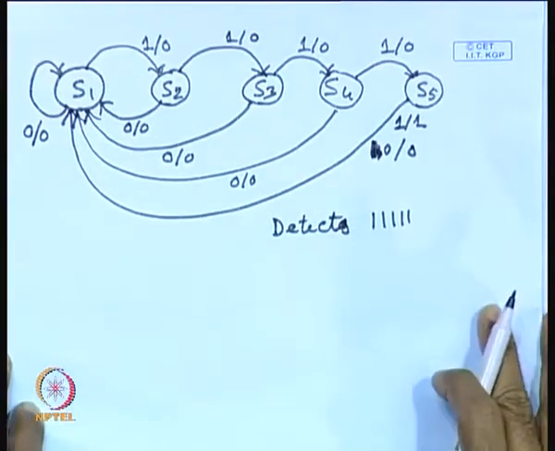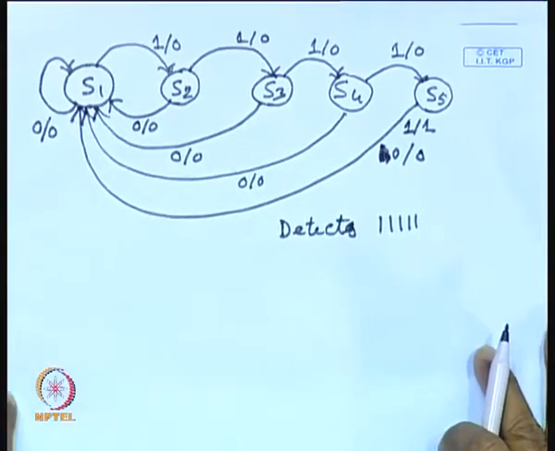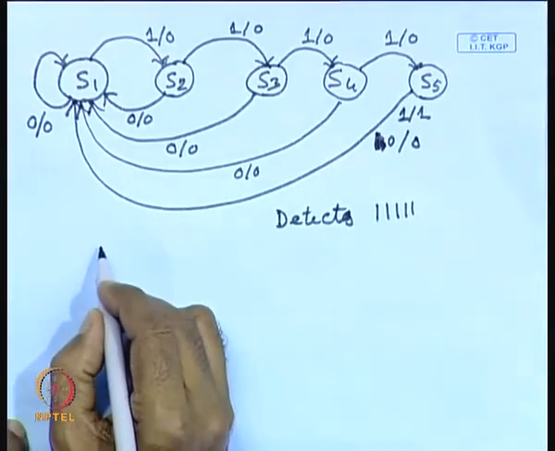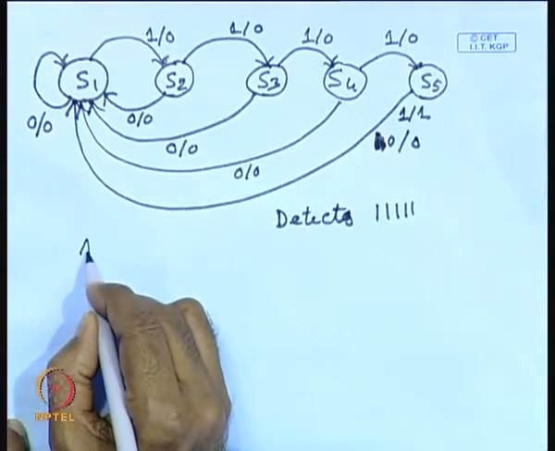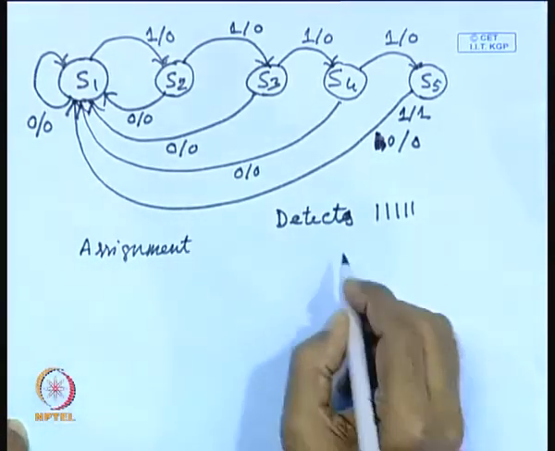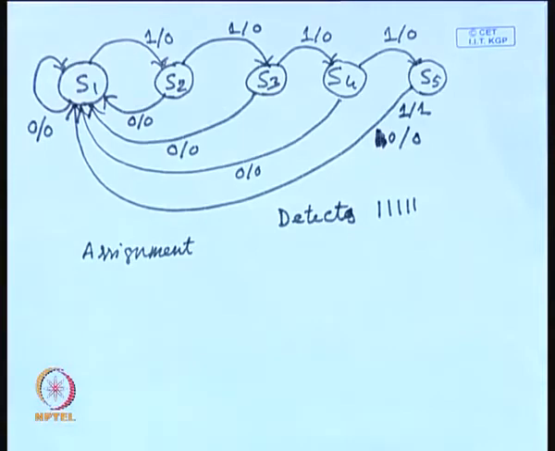In this case, you can perform state assignment, and let us consider two different state assignments. This is assignment 1, where S1 is given 000, S2 is given 111, S3 is given 001, S4 is given 110, and S5 is given 101.